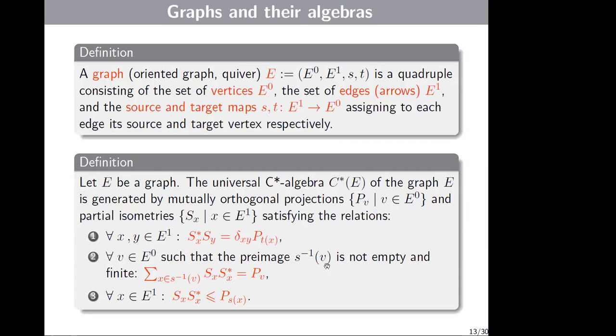So I have a vertex in E0, which emits infinitely many arrows in the big graph. Then this condition number 2 does not hold. It's vacuous because it's only for regular vertices. This condition does not make sense for infinite emitters, okay? So when I look at my vertex in the big graph, there's no condition number 2.